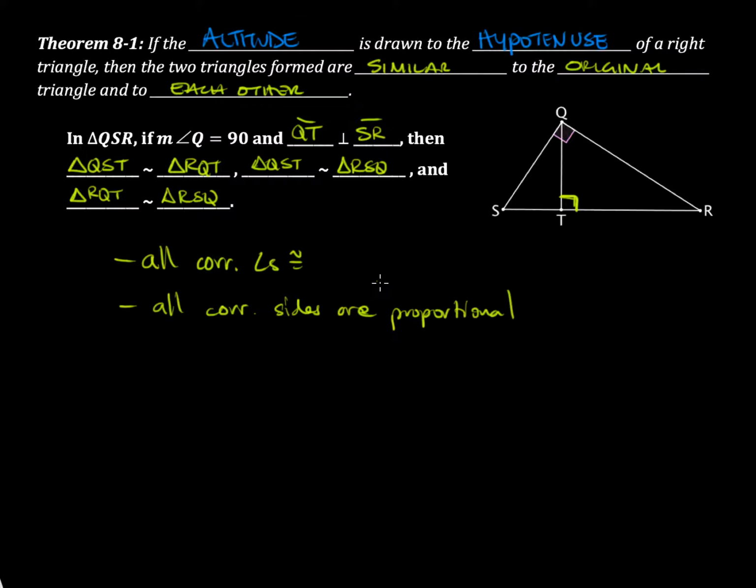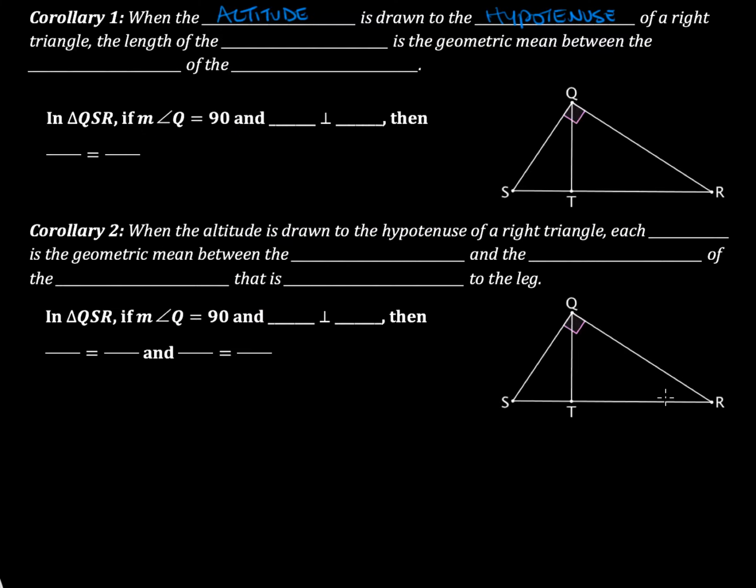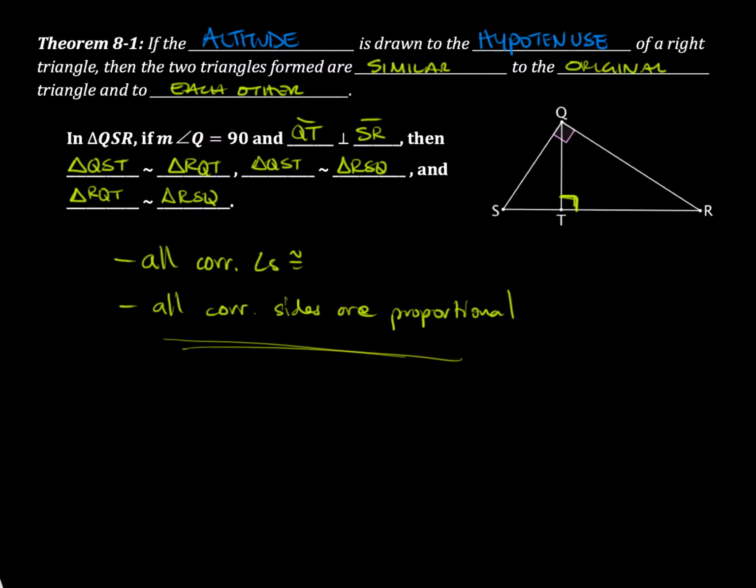And it's the second part of that definition that's going to lead us to really the meat and bones of this section and the next two corollaries that we're going to learn about. These aren't technically separate theorems from theorem 8-1. They're conclusions that we can draw based on what theorem 8-1 tells us.